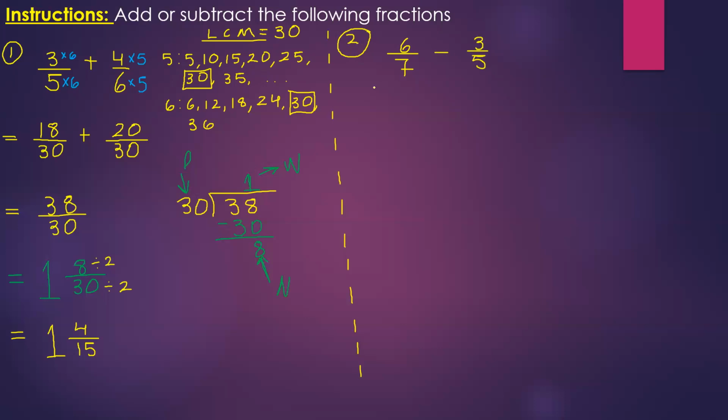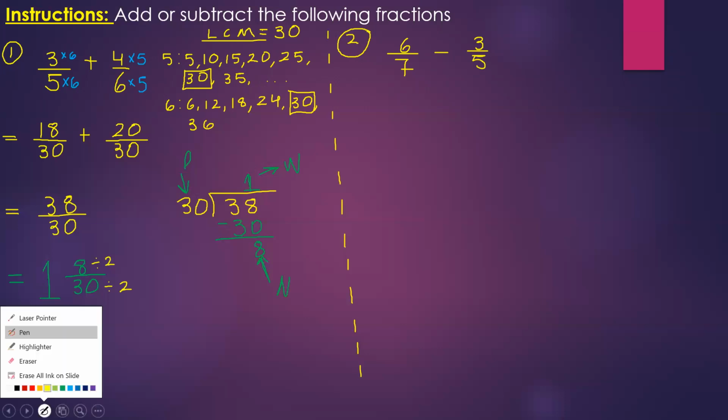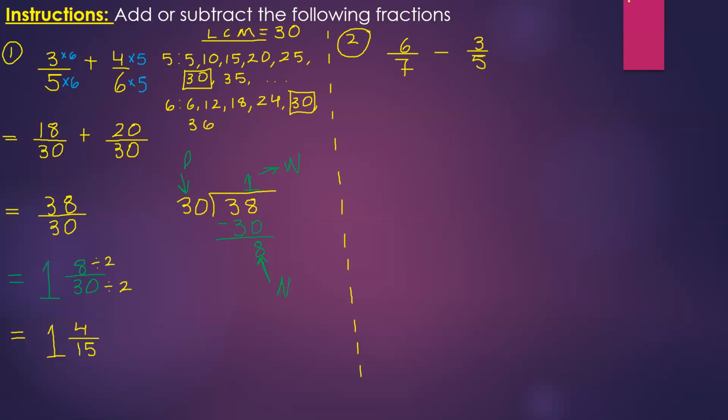So 6 over 7 and 3 over 5. What's the first thing that we are going to do, Leo? Find the lowest common multiple of 7 and 5. Very good. We'll find the lowest common multiple of 7 and 5.